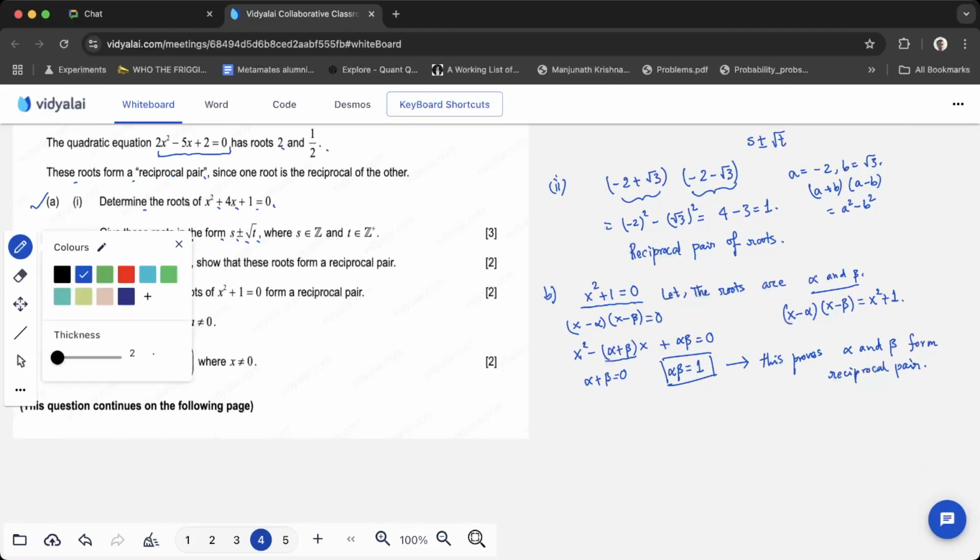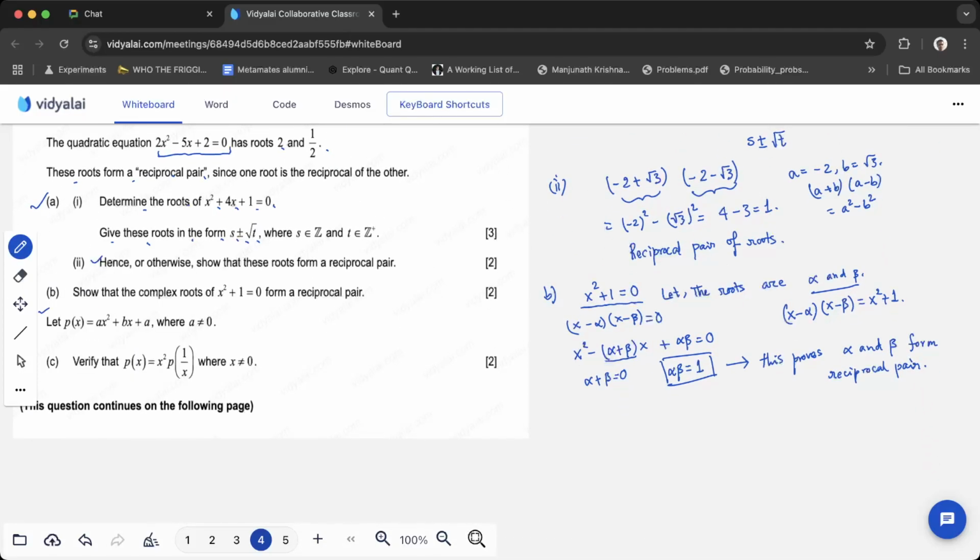In the following question, it asks: let p of x be any generic form like a x squared plus bx plus a, where a is not equal to 0. Then verify that this expression holds when x is not equal to 0.